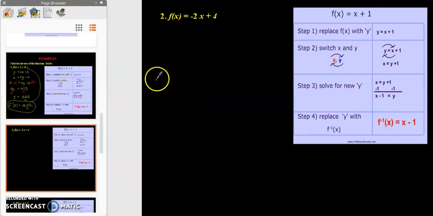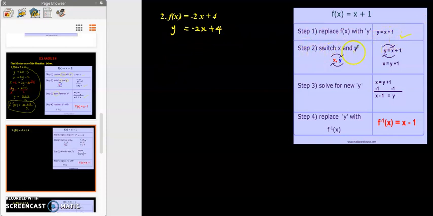Same procedure, so let's move through the steps. Step 1. Replace f(x) with y. This is f(x), so y equals negative 2x plus 4. So this step has been taken care of.